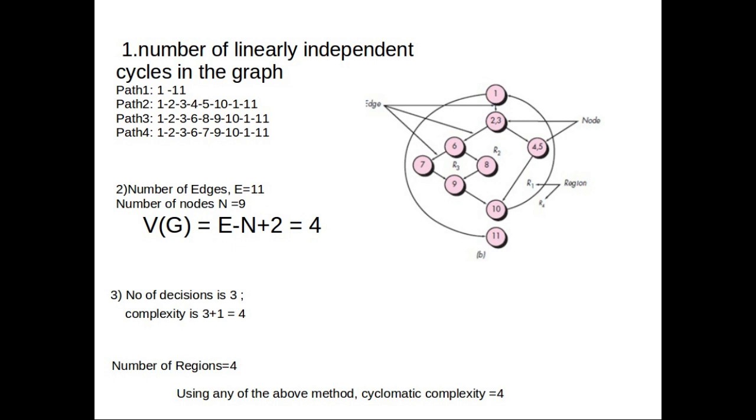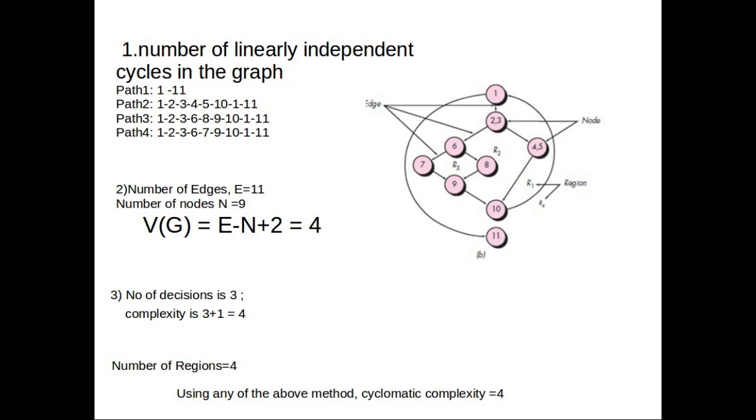Another method of computing complexity is by considering that the number of regions of the flow graph corresponds to the cyclomatic complexity. The cyclomatic complexity V(G) for a flow graph G can be defined as 4 by considering the regions R1, R2, R3, which are inner regions, and the outside region altogether taken as region 4.